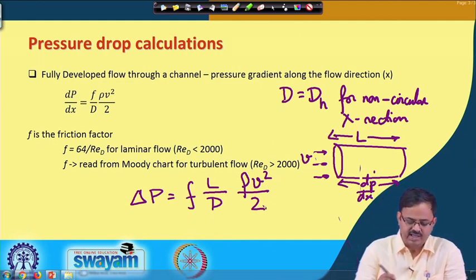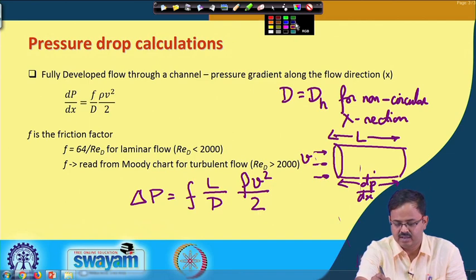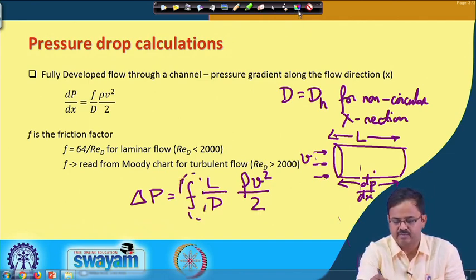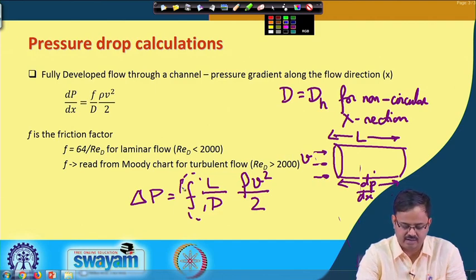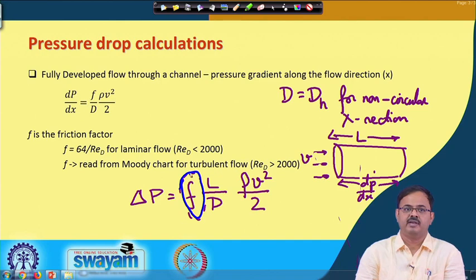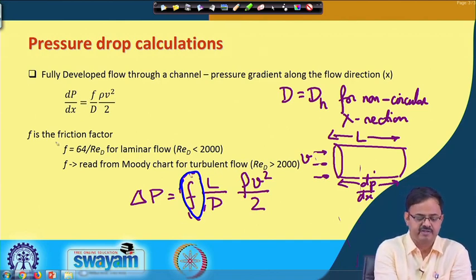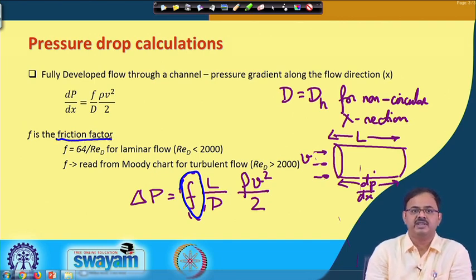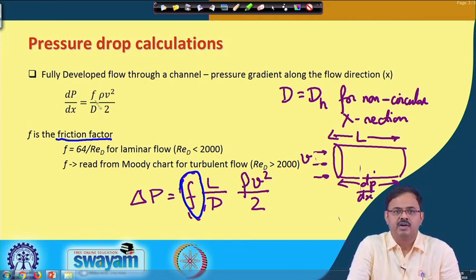Okay. So, then the next question is that what is this f? So, f is known as the friction factor. f is this friction factor, and we have got some expressions for that. What are those?